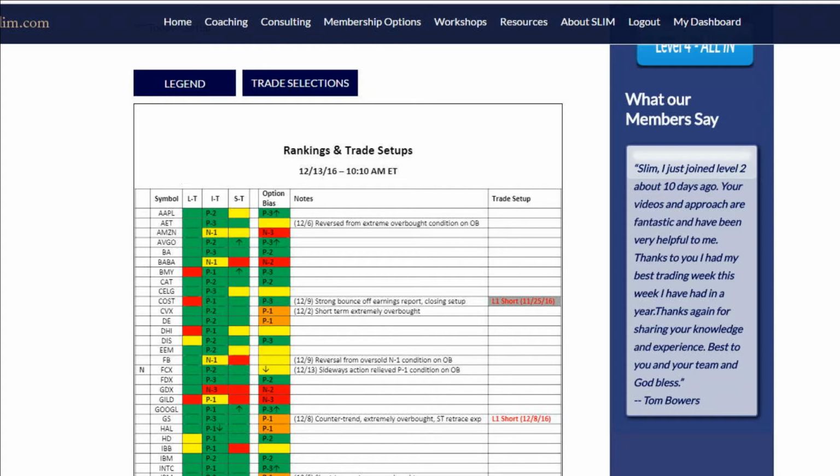The second one is our intermediate ranking, which is the momentum ranking and the cycle analysis that we do for the intermediate term. So there are 3 rankings in there for positive, 3 for negative, and that's P1, P2, P3, or N1, N2, and N3.